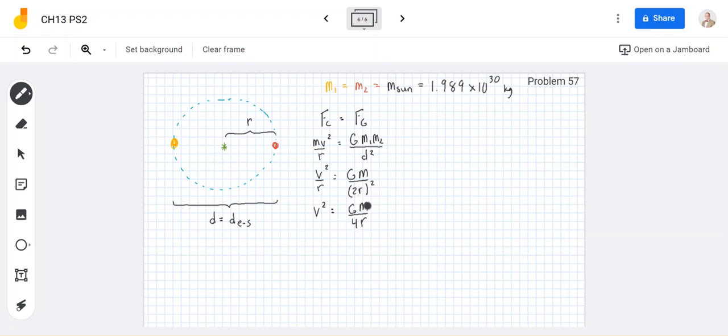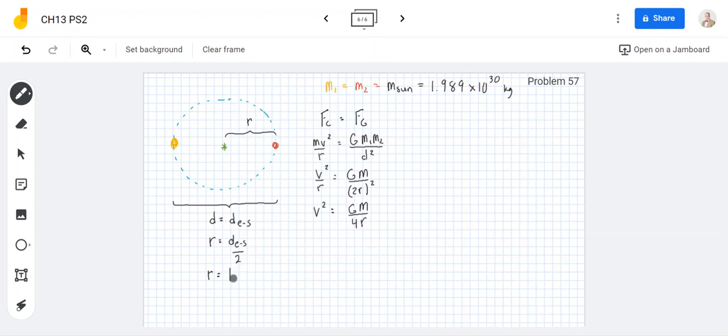So if I know the mass of the sun, which I know, and if I know what did it tell me here? It told me that the distance between them is the Earth-Sun distance. So R is going to be equal to the Earth-Sun distance divided by 2. I'm going to have to look it up. So the Earth-Sun distance is 149.6 billion meters.